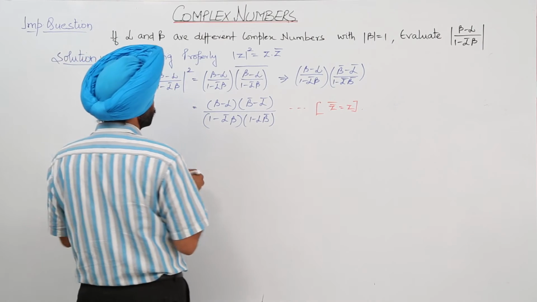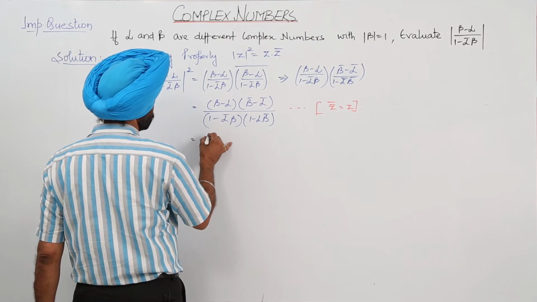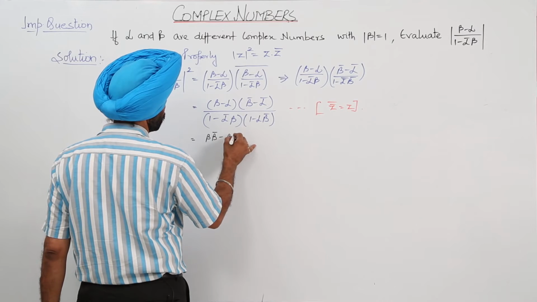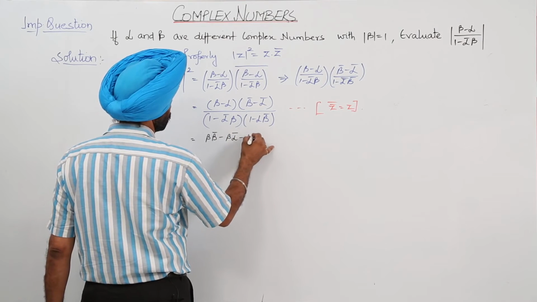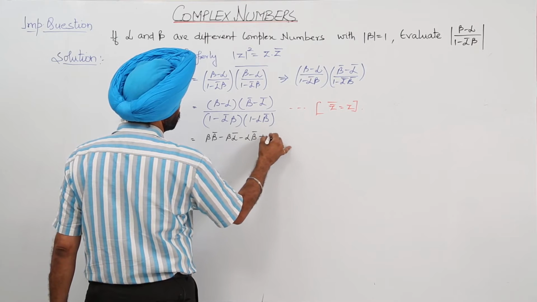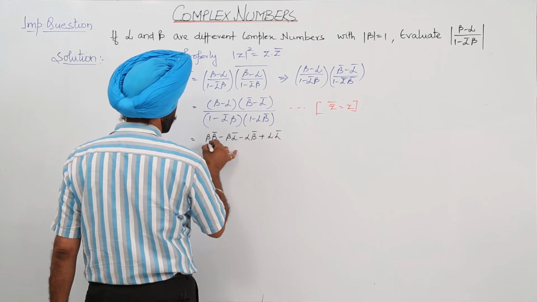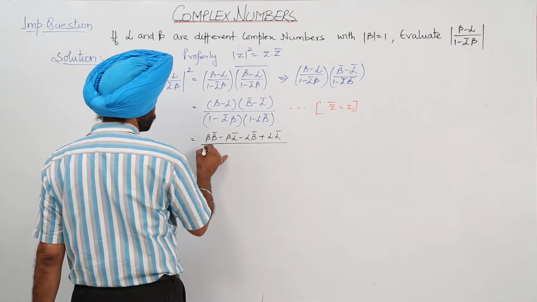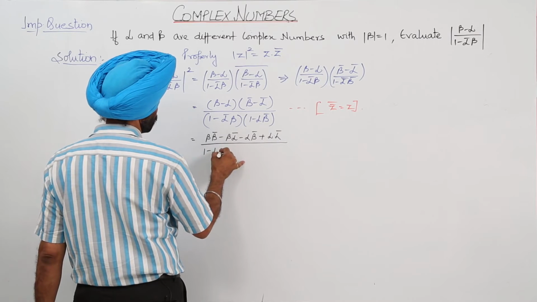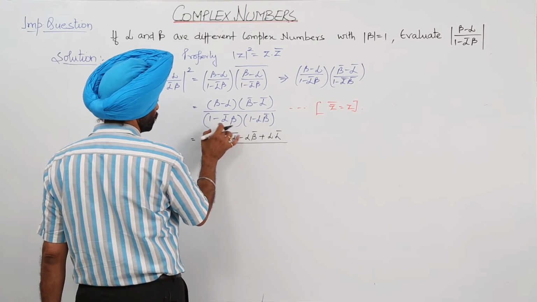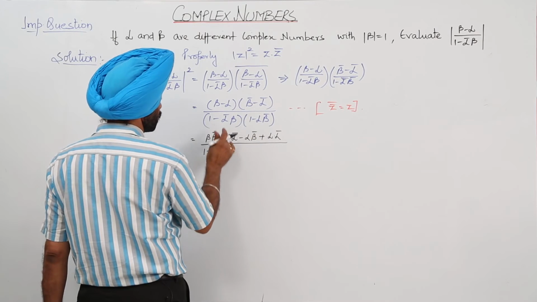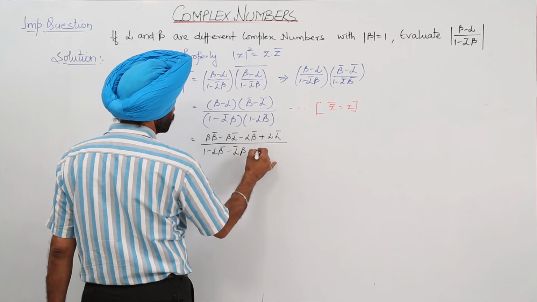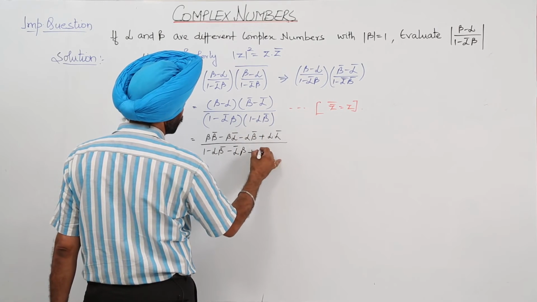Now, just multiplying this one with this one. Now, negative of beta positive. Now, what this becomes when we are multiplying?